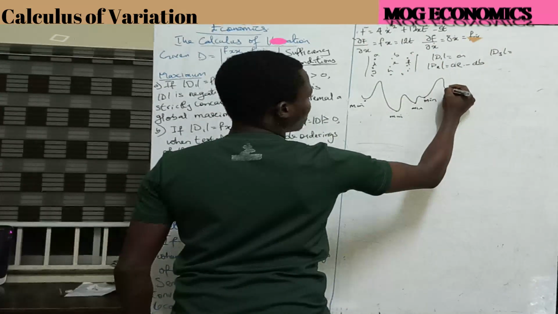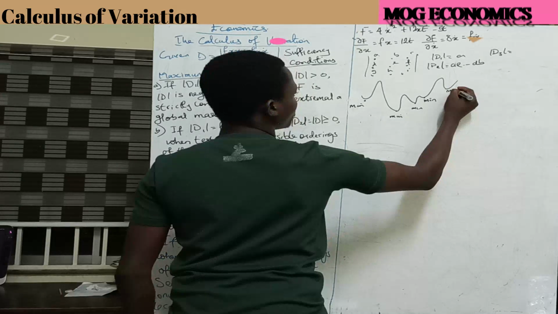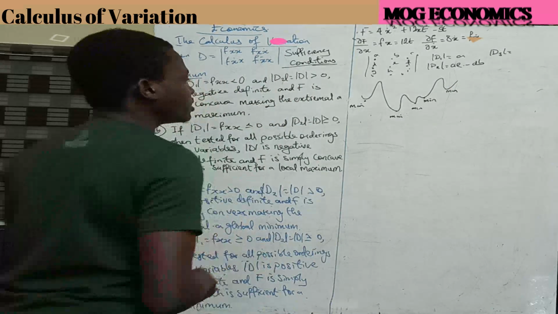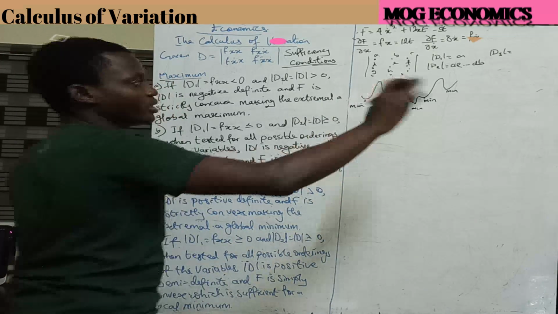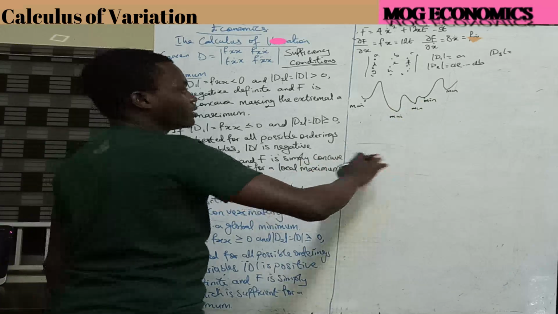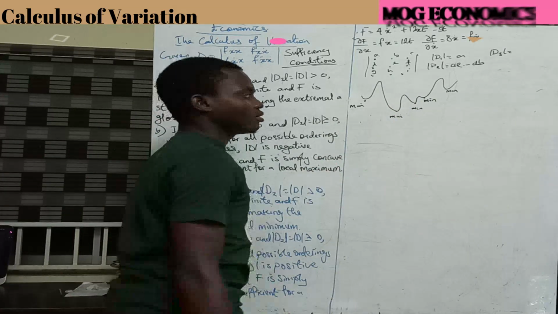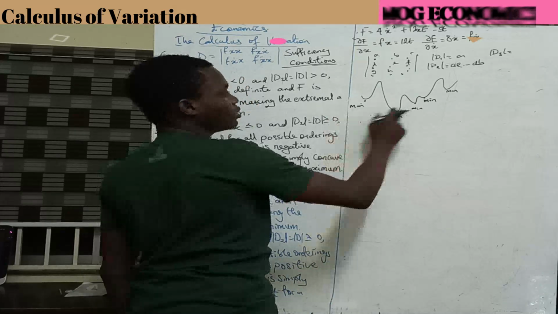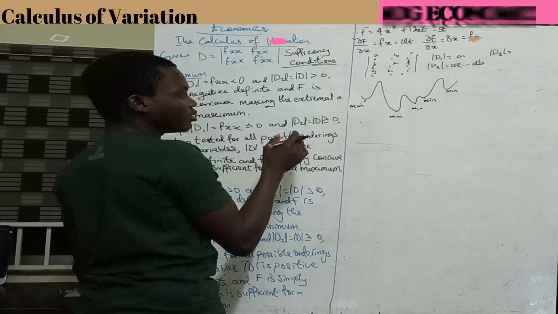Let's say this guy is also a minimum. If you look at this, where is the minimum the deepest? Here. So this is a global minimum because it is the deepest. Others are local minima. So this is a local minimum. But the one that is the deepest is the global minimum.